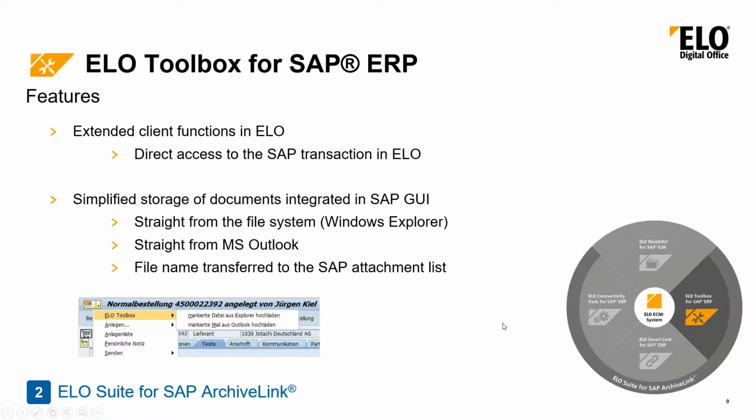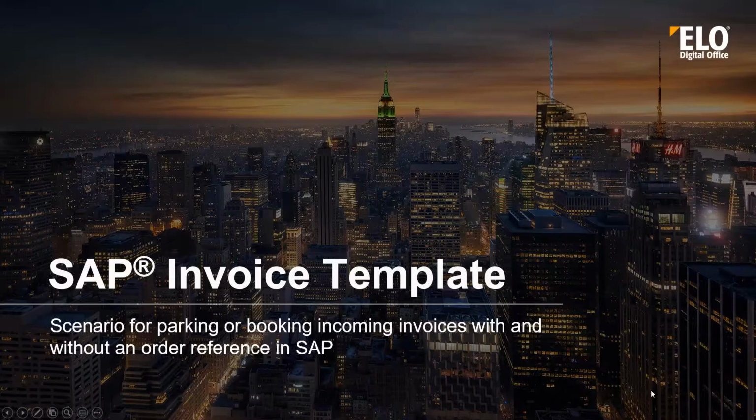So for example, we now have the possibility to upload the mails directly from Outlook, or we can upload files directly from Windows Explorer. And I will show you this as an example afterwards.